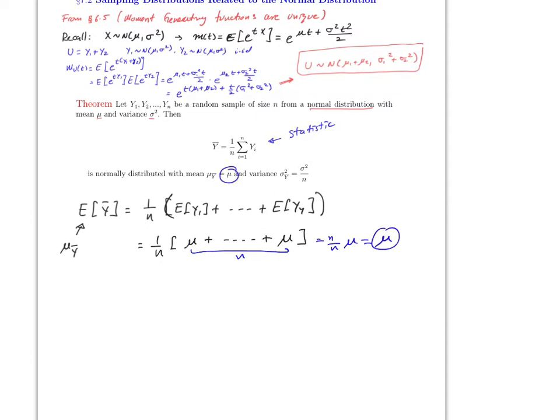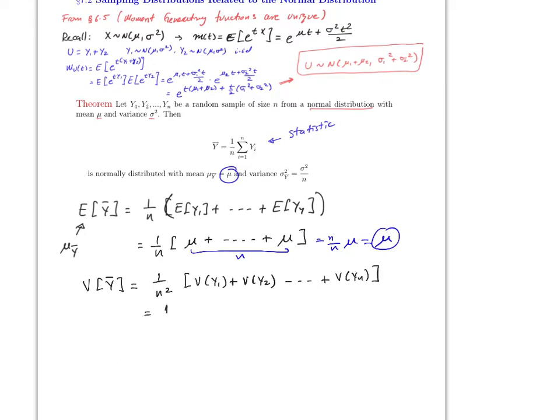Which is what it says here. Then to find the variance of y bar, this will be 1 over n squared. We're using the definition of variance. This will be times the variance of y1 plus the variance of y2 all the way to yn.